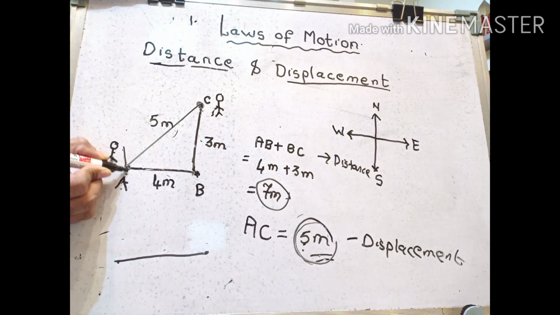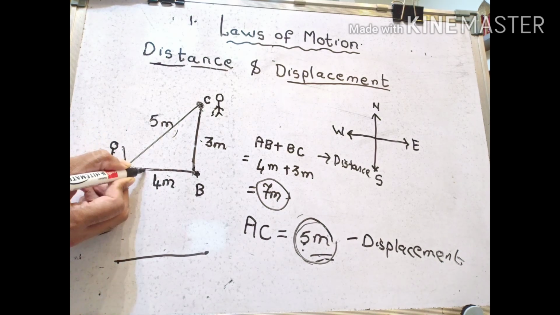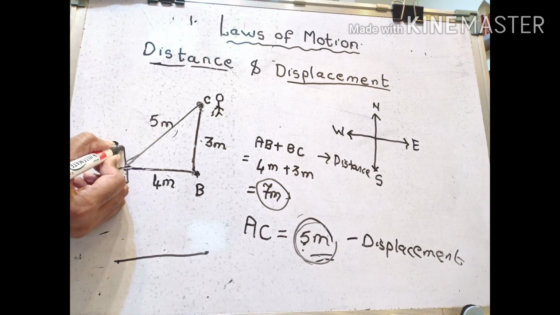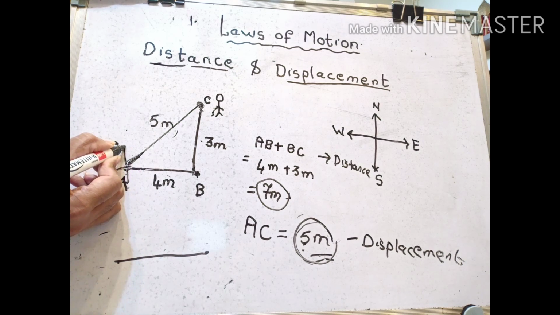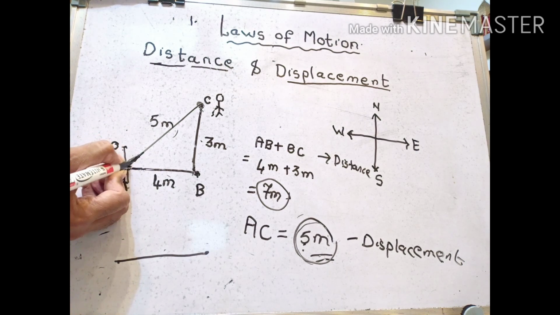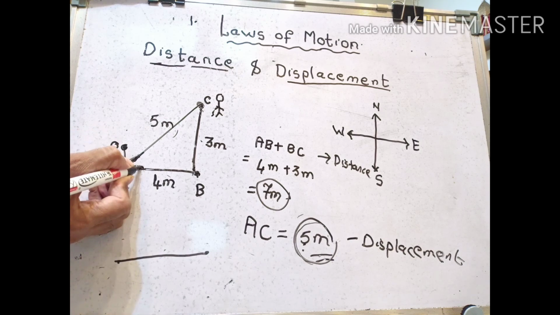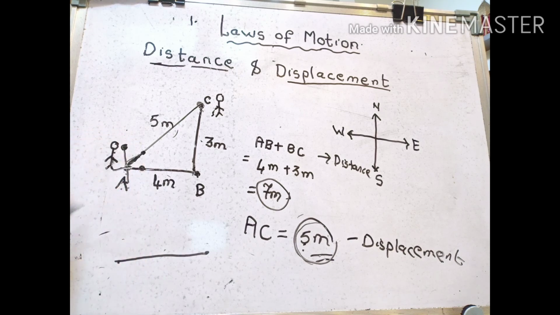But in which direction? I gave you directions: north, south, west and east. This direction is between the north and the east, so it is the northeast position. All of you know directions.